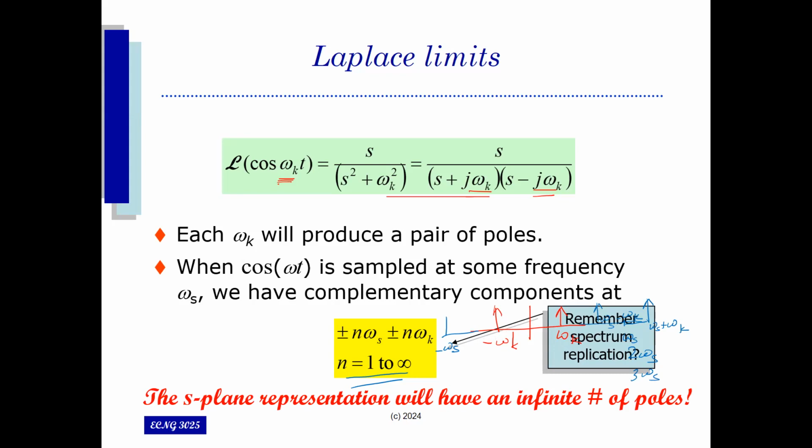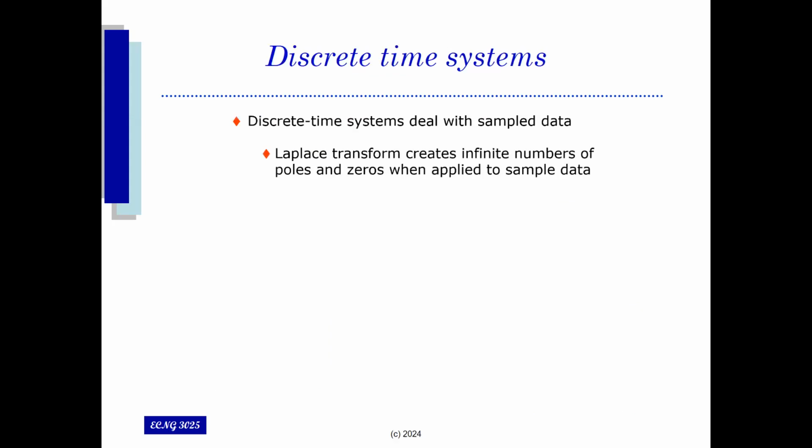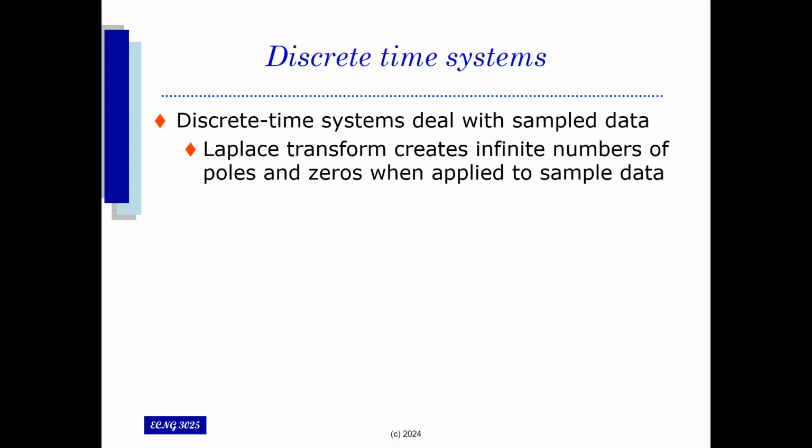So the Laplace transform of a sampled signal is going to have an infinite number of poles in the s-plane. That's not going to help us. Everybody understand? It makes sense, you remember from what we did with sampling and spectrum replication. You have to let me know.